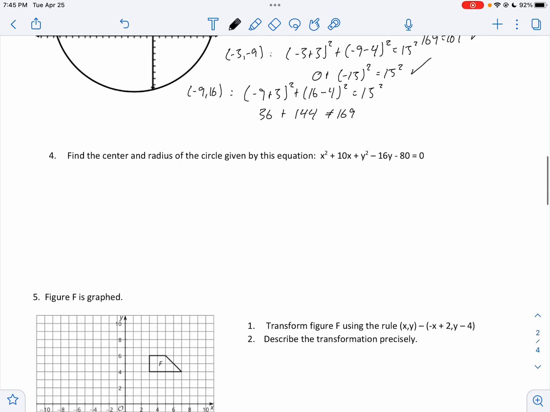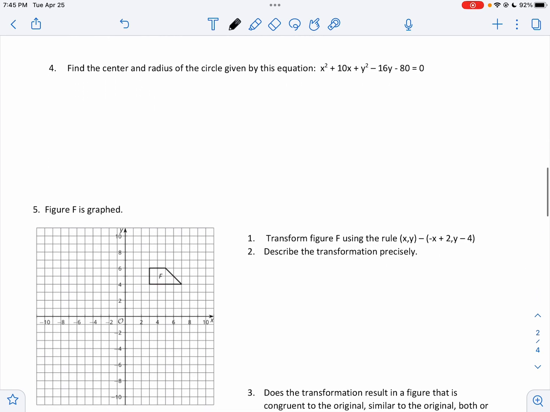All right. For question 4, we want to find the center and radius of the circle that has this equation. So, isolating the whole number on the right side, we obtain x squared plus 10x plus y squared minus 16y is equal to 80.